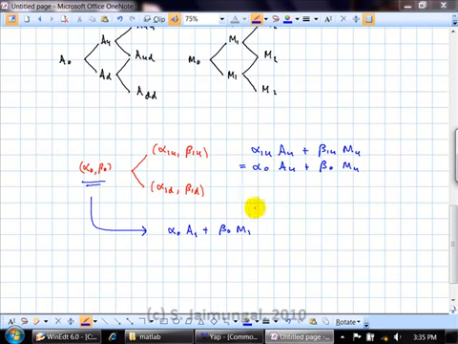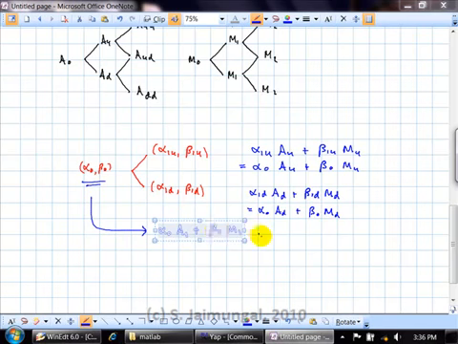And if you're in the down state of the world, you of course have basically the same equation, right? This would be alpha 1D AD plus beta 1D MD, and that has to be equal to, again, alpha 0 AD plus beta 0 MD.